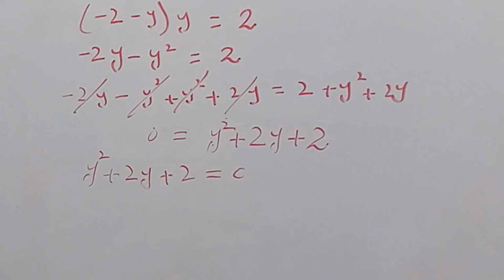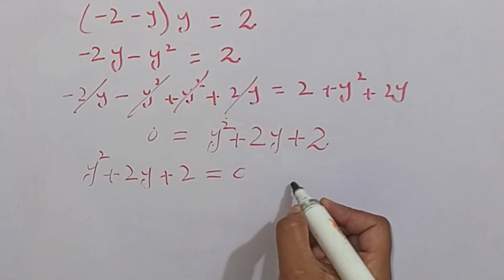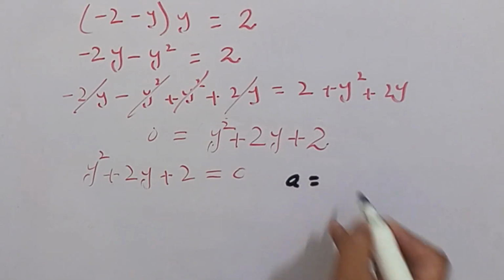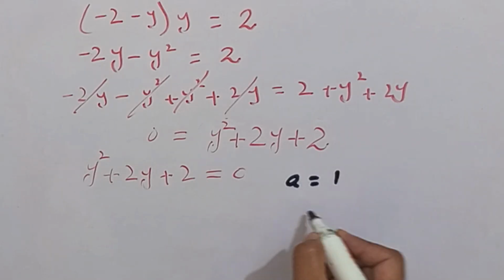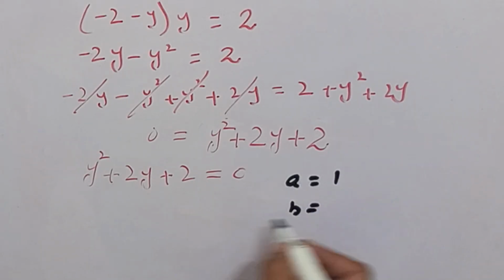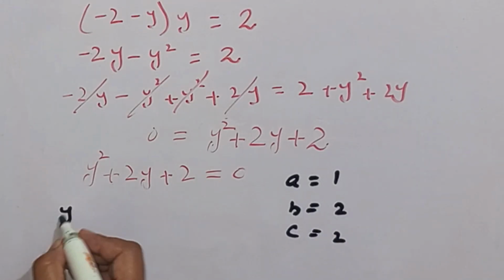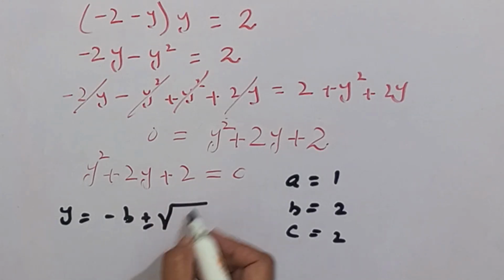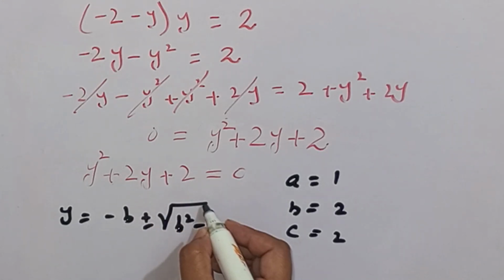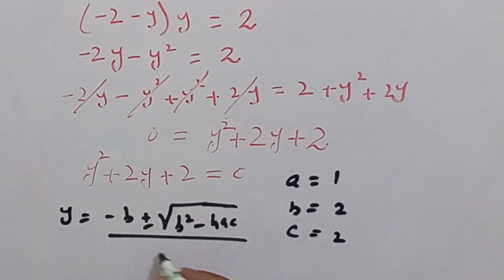We use the quadratic formula to solve this equation, and in this equation a is equal to the coefficient of y square, which is 1, and b is the coefficient of y, which is 2, and c is the constant, which is also 2. The formula is y is equal to -b plus minus square root b square minus 4 times the product of a and c, over 2a.